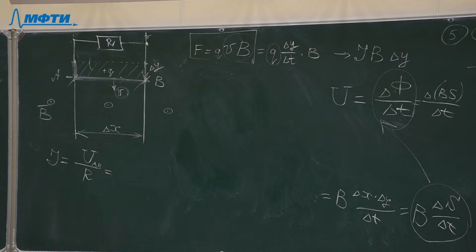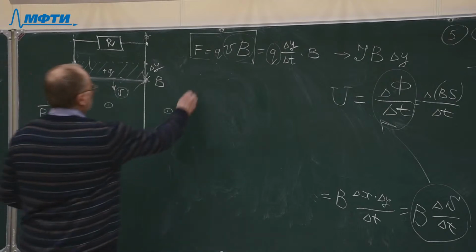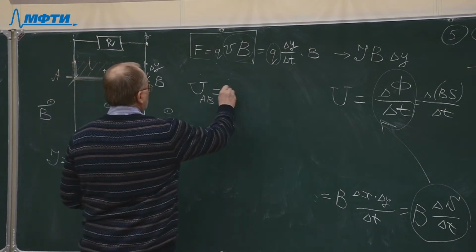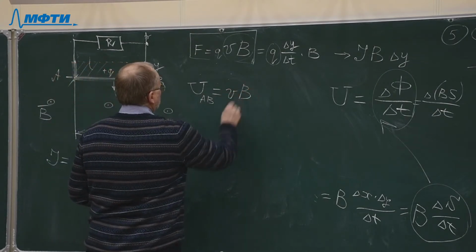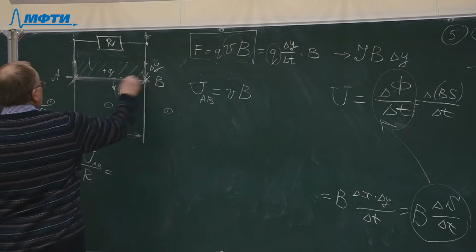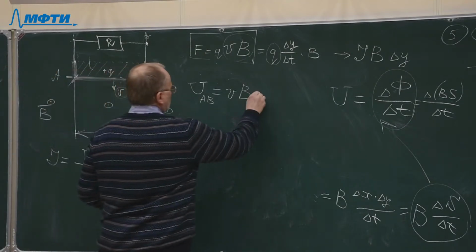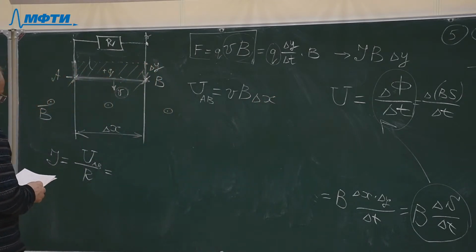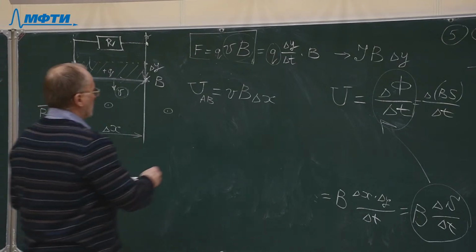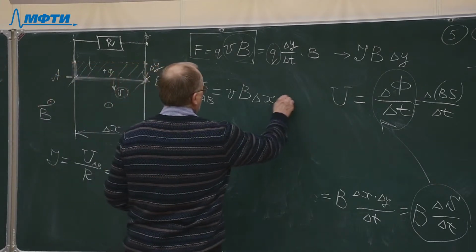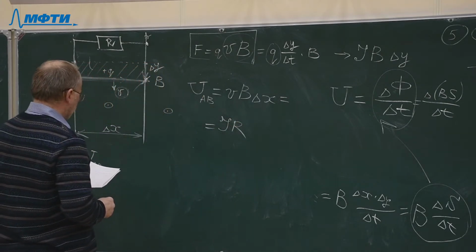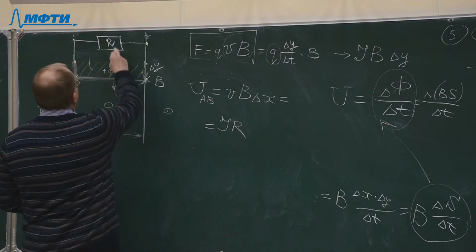We may put it in this way, that the potential difference between points A and B will be given as the velocity times the magnetic field times the distance delta x, the length of the rod, and that will be, according to the Ohm's law, current times resistance.